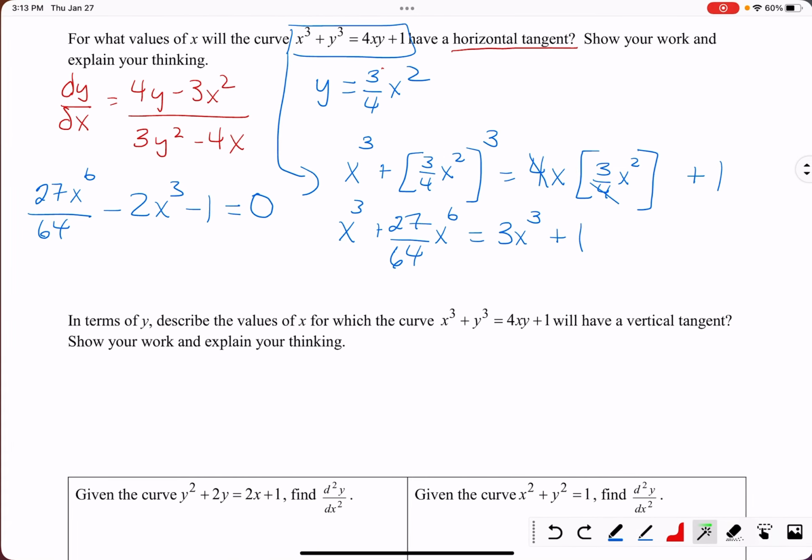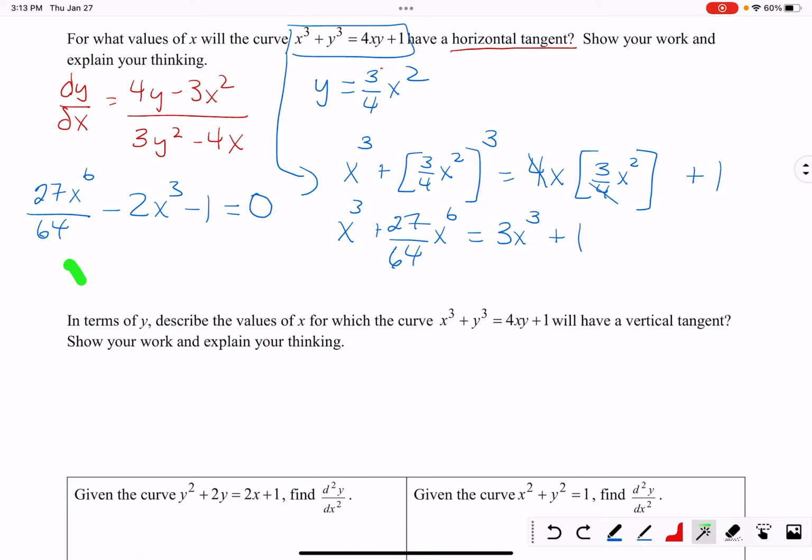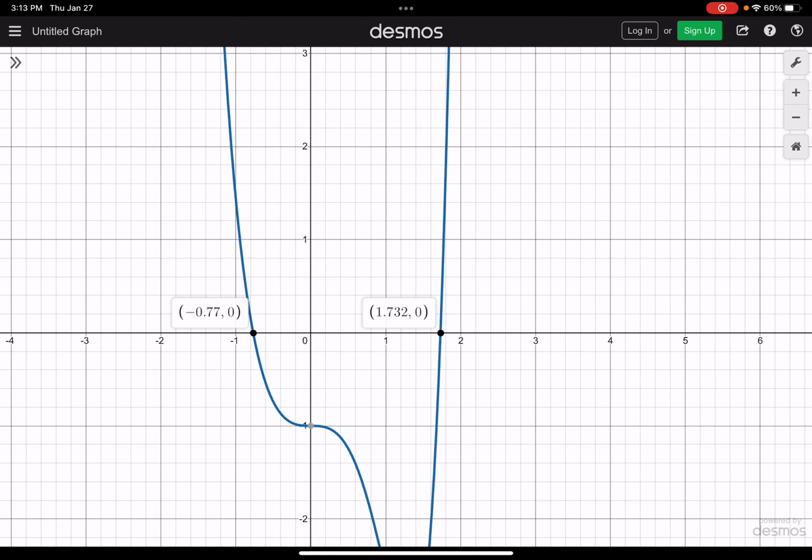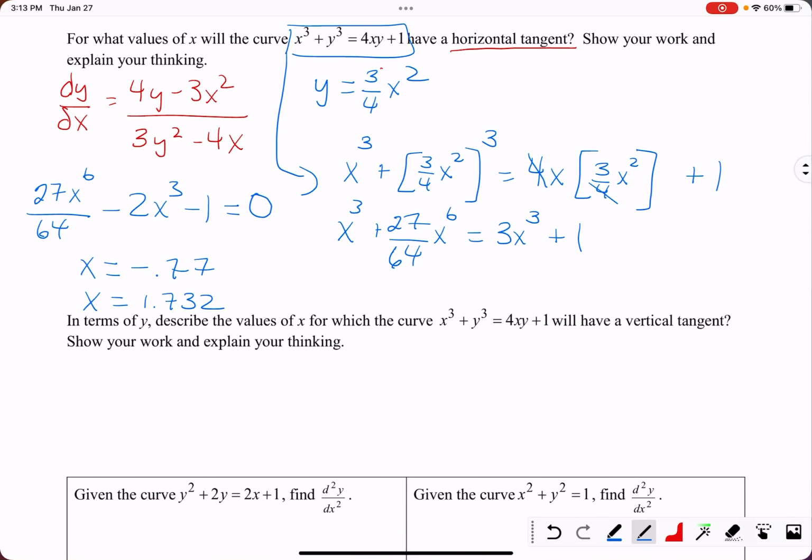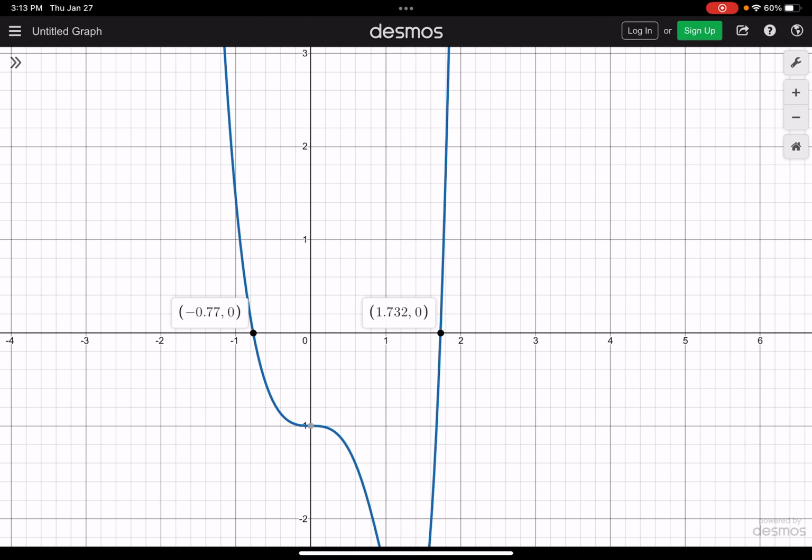So x equals negative 0.77, and the other one, 1.732, I believe. Let me just double check so I don't screw this up. 1.732, yeah. And if we go back, that's pretty much in range with what we were expecting.